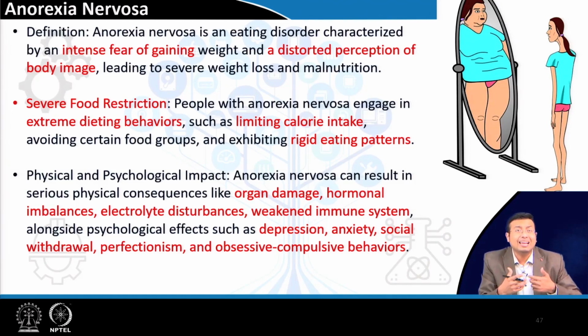They resort to extreme dietary habits, avoiding food items, in order to maintain the lean and thin condition. But in reality, they are already emaciated. This is a very serious disorder, again a problem of mental health, with organ damage, electrolyte imbalance, weakened immune system and so many things that need to be treated in a mental institute. Psychiatric help is required, mental health treatment is required to treat anorexia nervosa, all right.